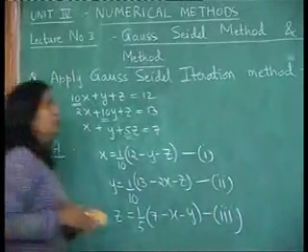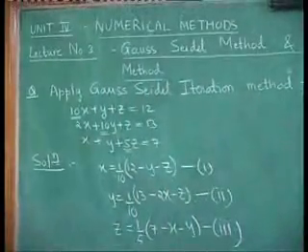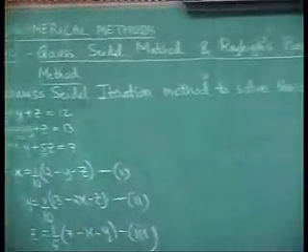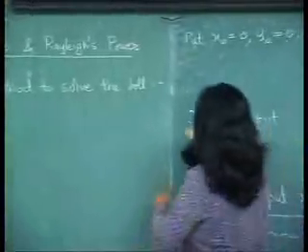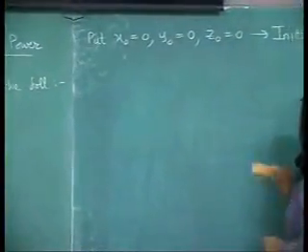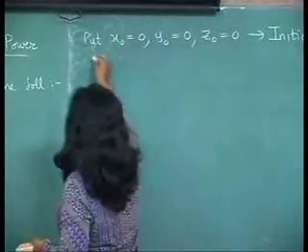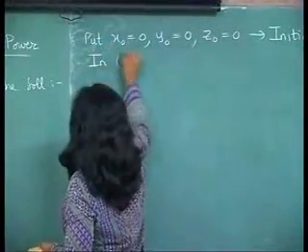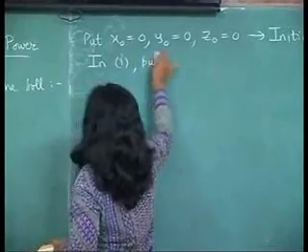So to begin with, we put x not equal to 0, y not equal to 0, z not equal to 0. That's going to be our initial guess. And we'll start with equation 1. In equation 1, look at the unknowns on the right hand side.